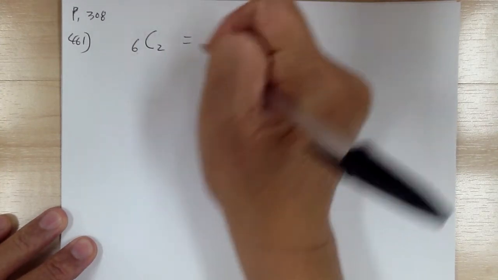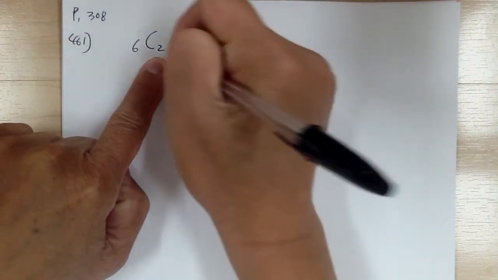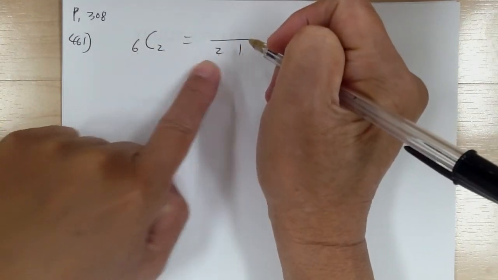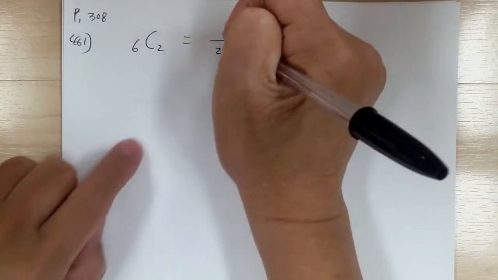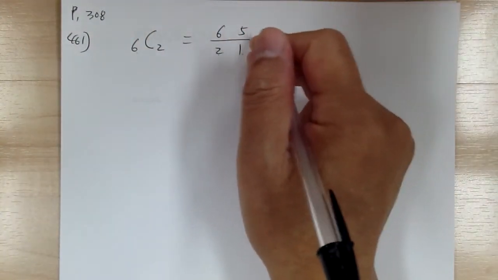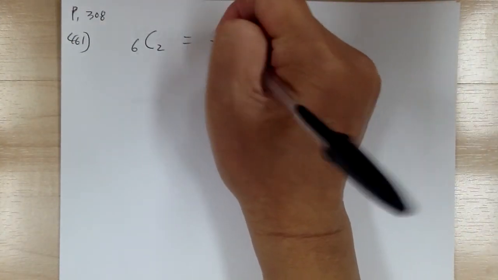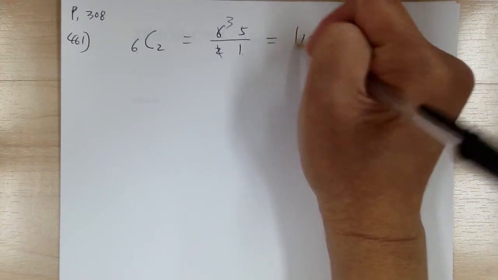This is going to be 6C2. To evaluate the combination, you take the lower number, 2 factorial, which is 2 times 1, and if there are 2 numbers down here, you get 2 numbers up here. Basically this is 6 factorial, but the 4, 3, 2, 1 will cancel out with the 4, 3, 2, 1 over here. When you evaluate, the answer will equal 15.